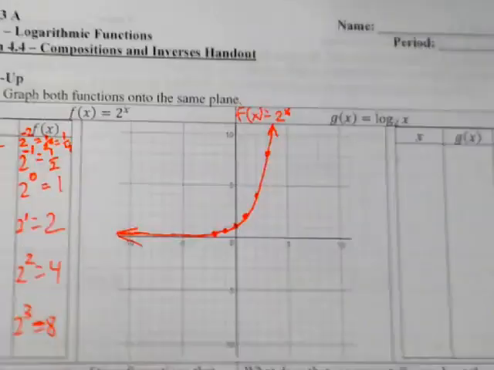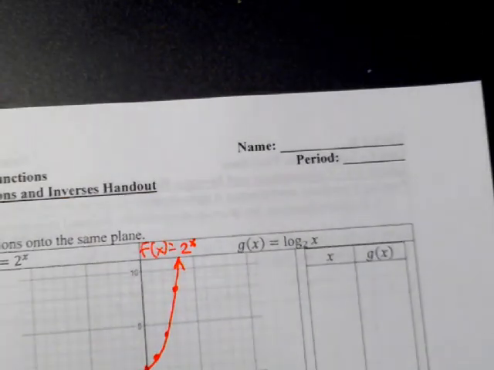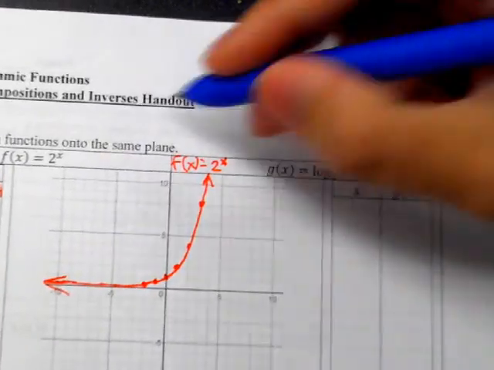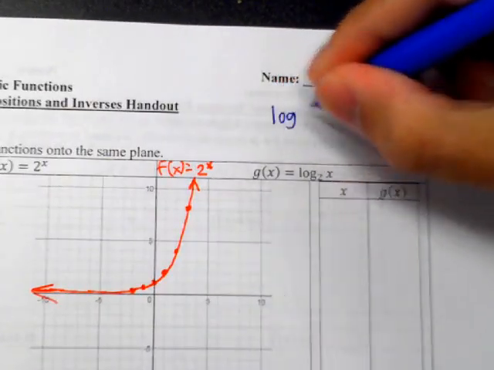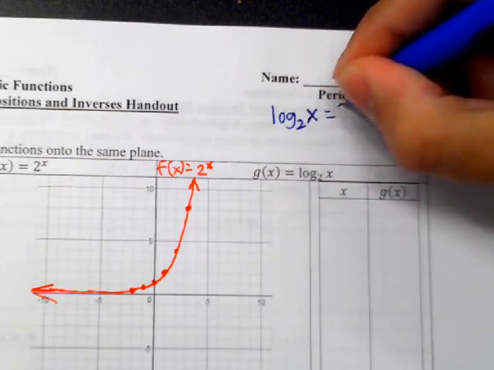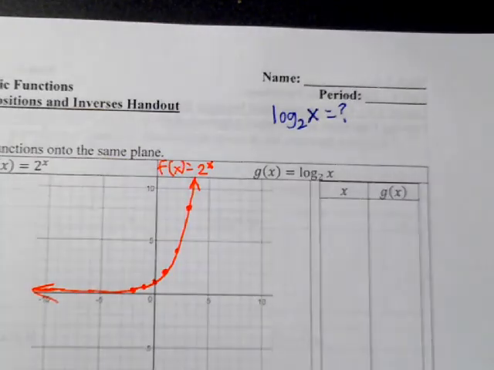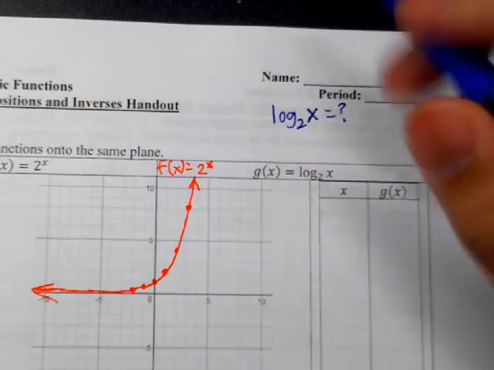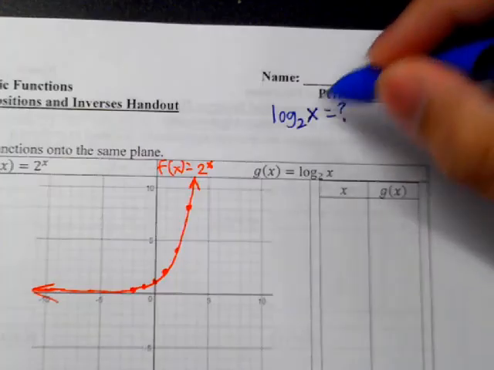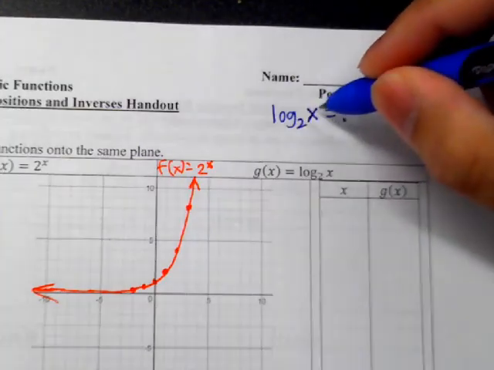Okay, so the key thing to remember about how logarithms work. When we calculate what log base 2 of any number x equals, what we discovered a couple classes ago is that the logarithm tells you what exponent to put on the base to turn into the argument.